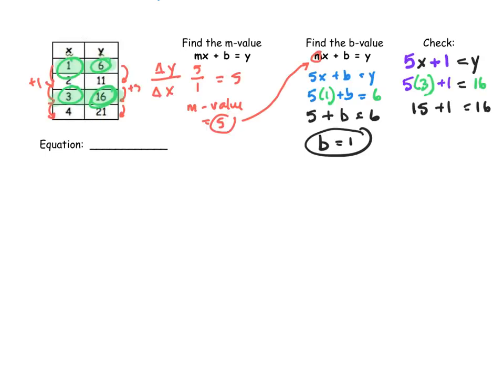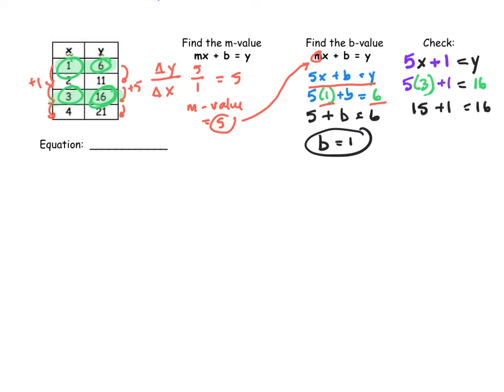So first, we found the m value by finding the change in y over the change in x, which was 5. We inserted that in the equation as our m value, 5x plus b equals y, and we're able to fill in our first x and our first y to find out that b equals 1.